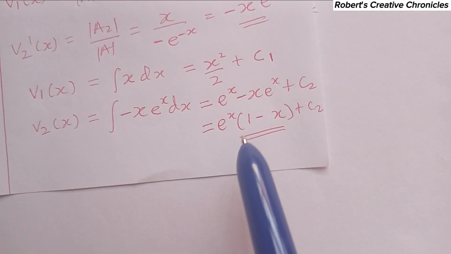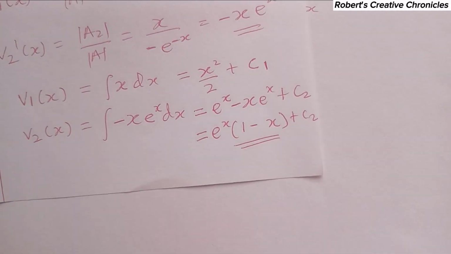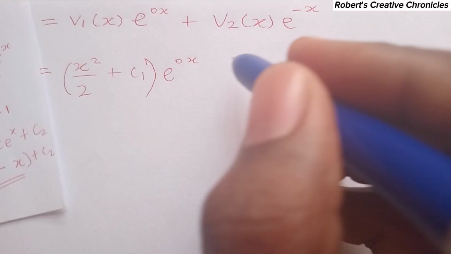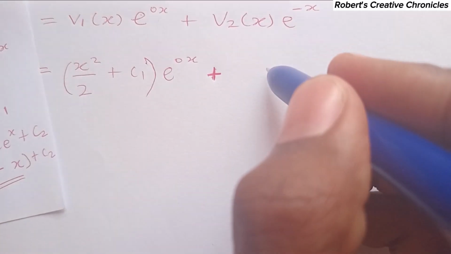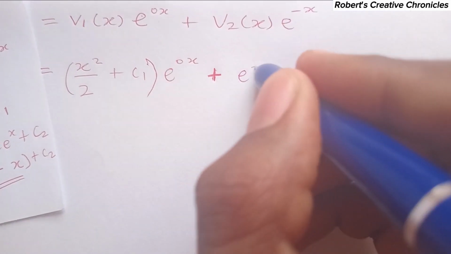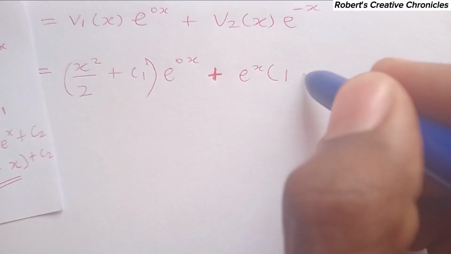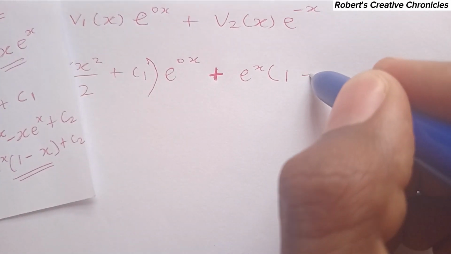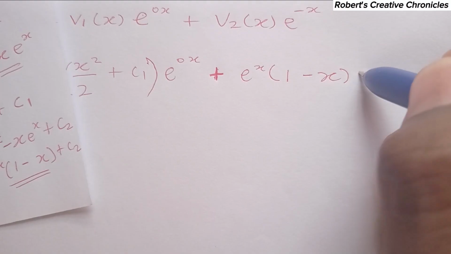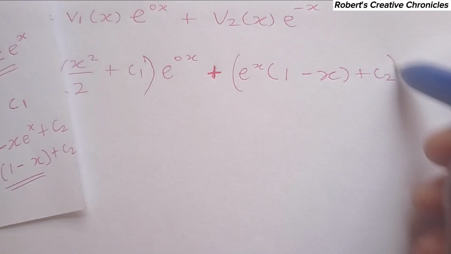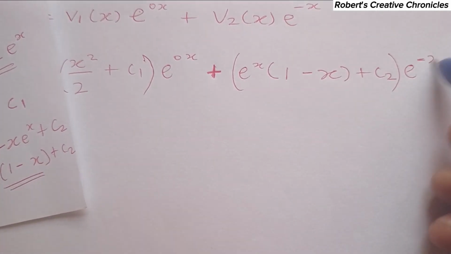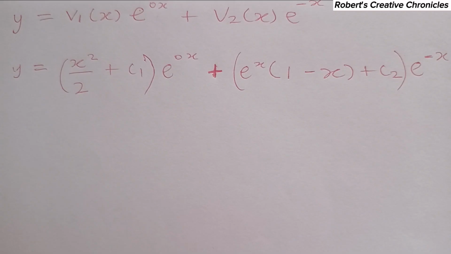It is exponential x times (1 minus x) plus c2, multiplied by exponential negative x. So this is it.